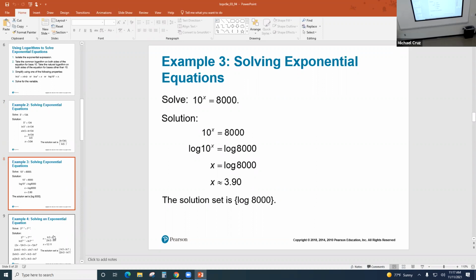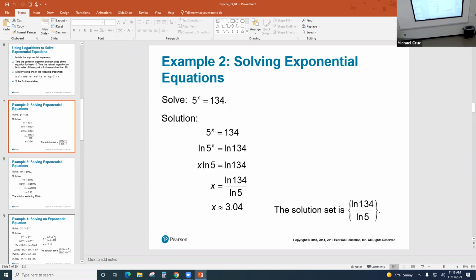So the common log of both sides. Common log of 10 to the x is equal to the log of 8,000. Now, on that left-hand side, since we've got a 10 as our base for that exponent of x, this is where the common log is going to work really well.